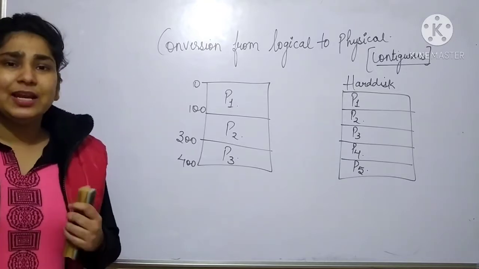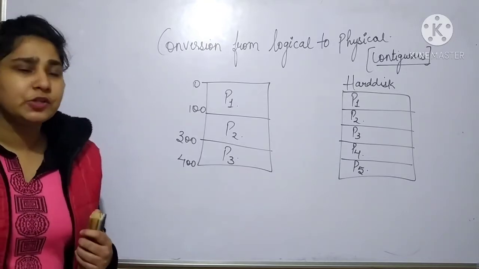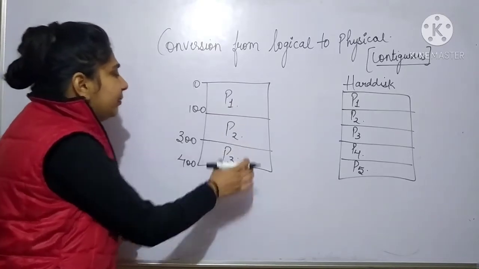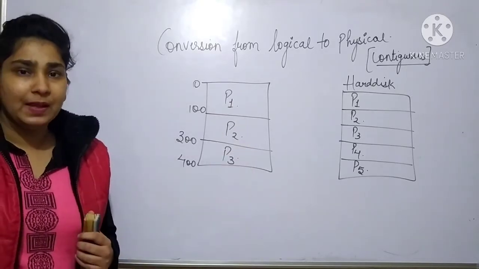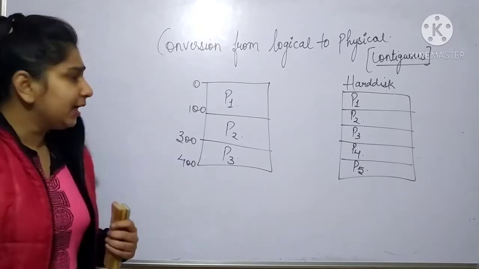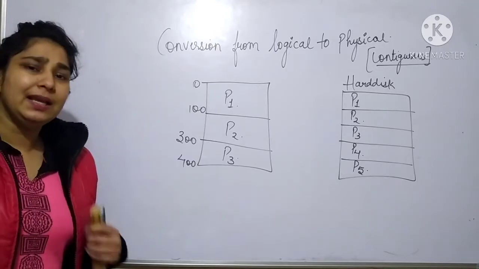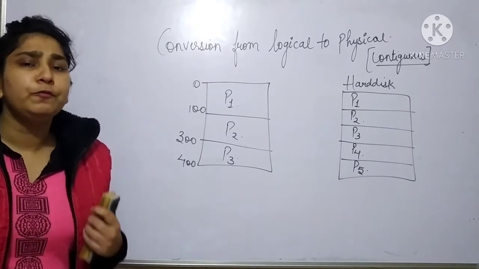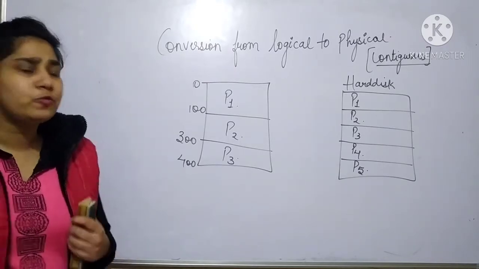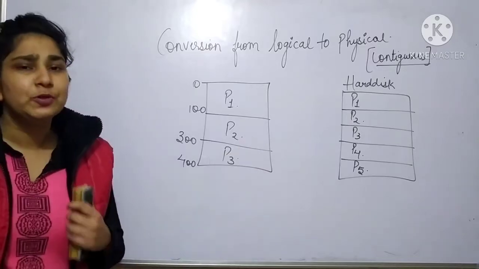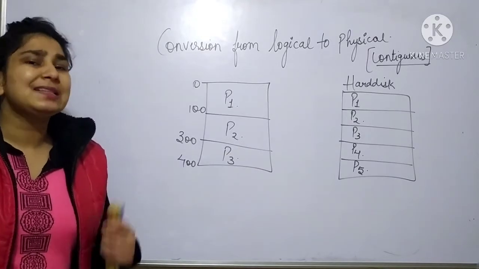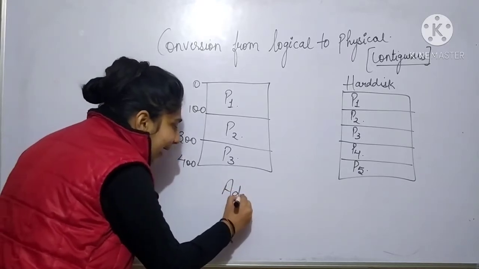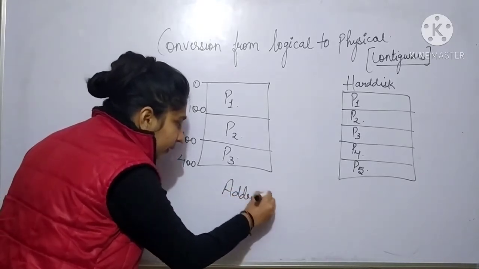Each and every instruction is going to be stored at some memory location. Each and everything in main memory has an address. If you have to fetch an instruction of a process, we will access that instruction with the help of the address.